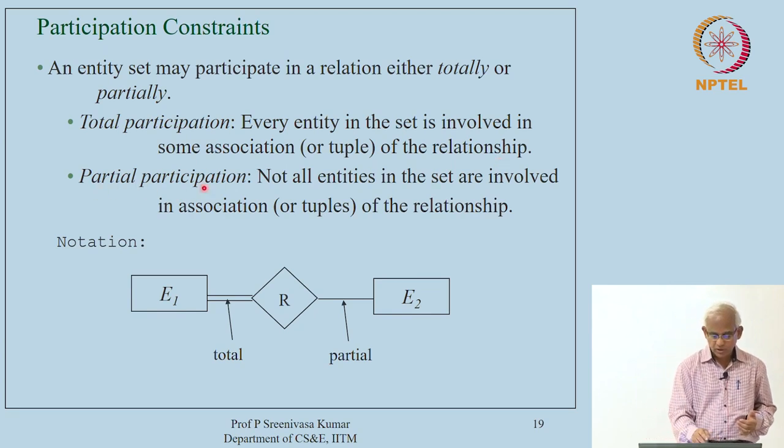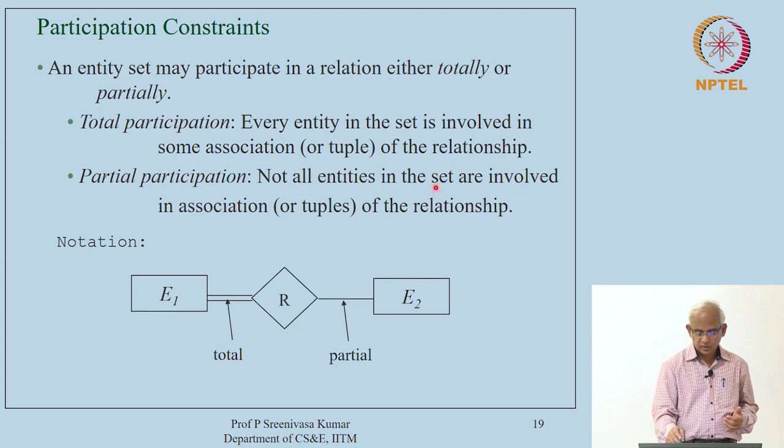Whereas partial participation says that not all entities in this set are involved in tuples in the relationship. The question we are asking is: does every entity in this entity set necessarily participate in the relationship, and so appear in some tuple or other?